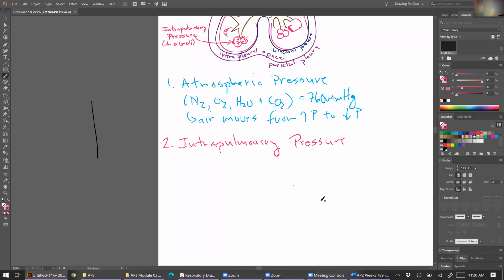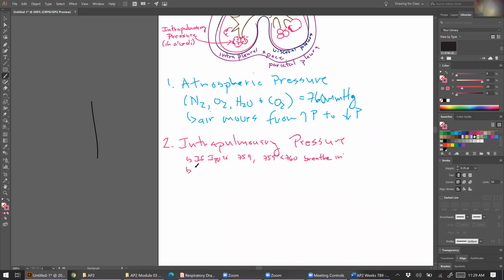So the way it's going to vary is if IP is 759, 759 is less than 760, and so we're going to breathe in. Again, that's where air moves from high pressure to low pressure. If you've made your intrapulmonary pressure 759, you're going to breathe in.